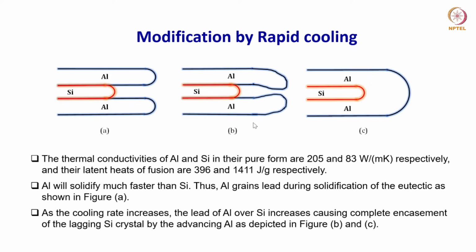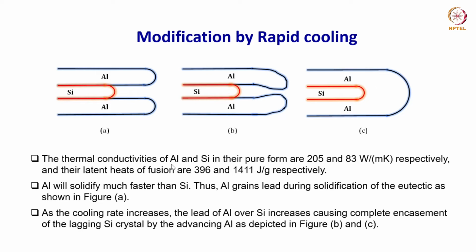So here you have aluminium and silicon growing together. Okay, and heat is continuously being extracted because the alloy is solidifying right now. So the thermal properties will come into play in this growth. If you look at the thermal properties of aluminium and silicon, they are quite different from each other.